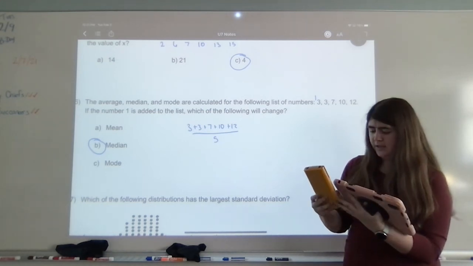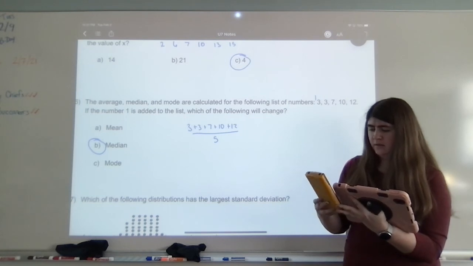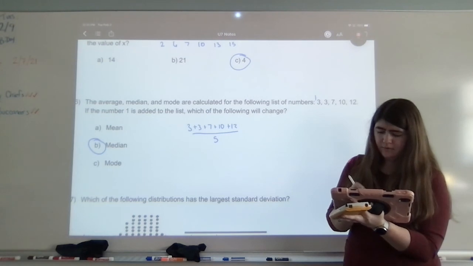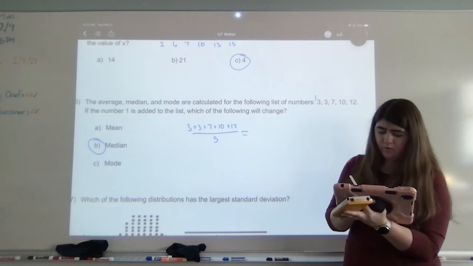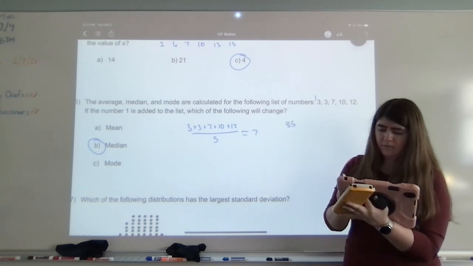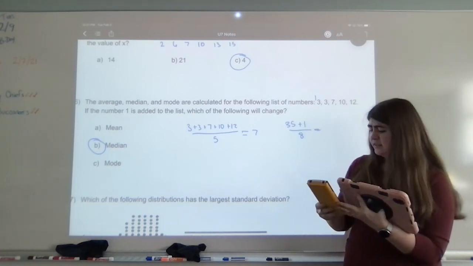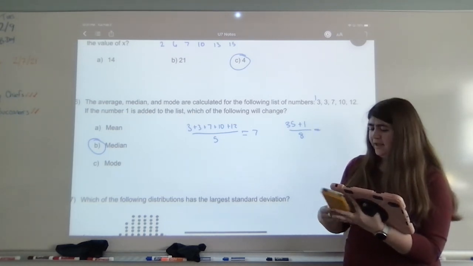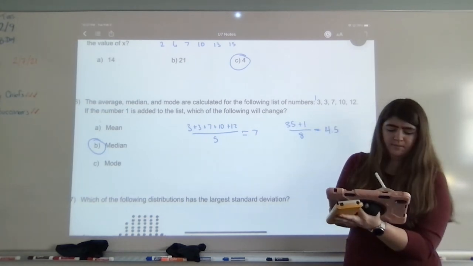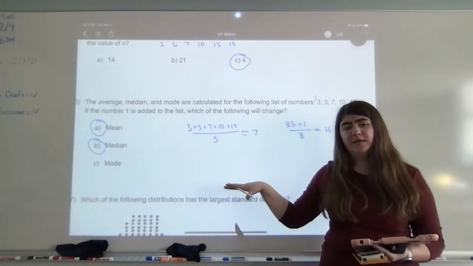And when we calculate that out, that gives me 35 divided by 5, which is 7. And if we were to add 1 to that, you would end up with 35 plus 1 divided by 6, which is 36 divided by 6, and that is 6, so the mean did change. So the mean also changes. So there are 2 correct answers to this one. Both the mean and the median changed.